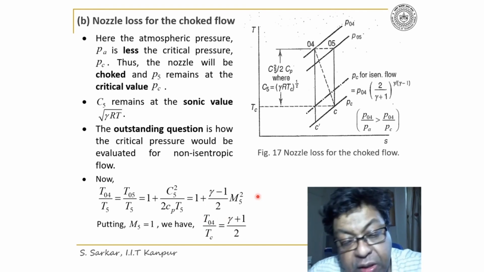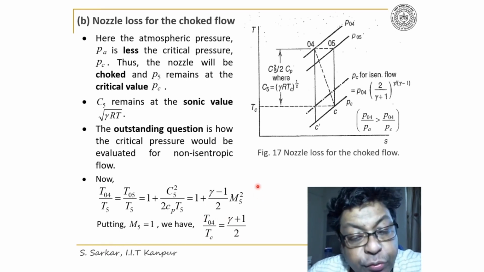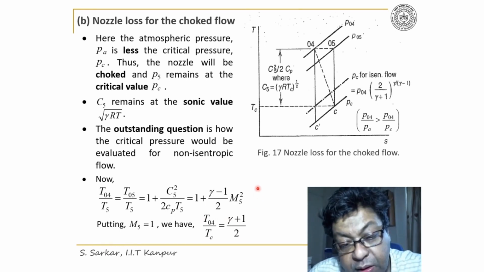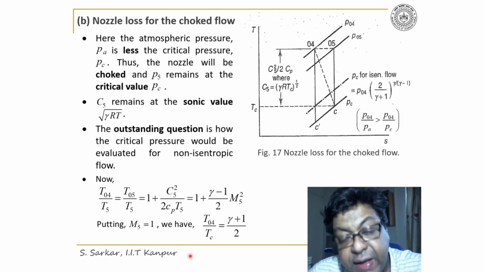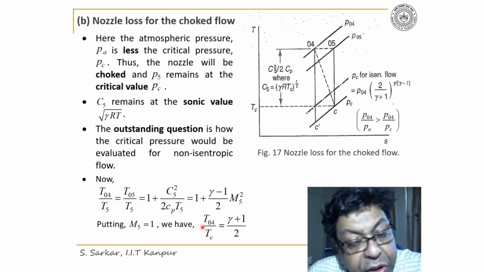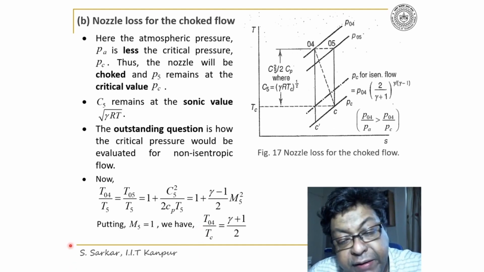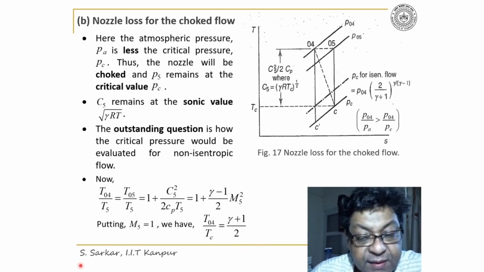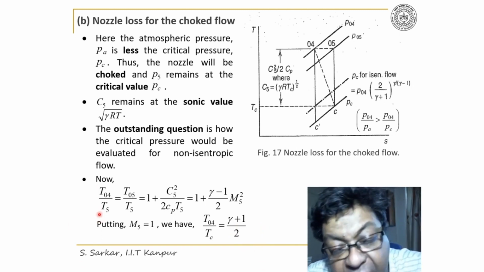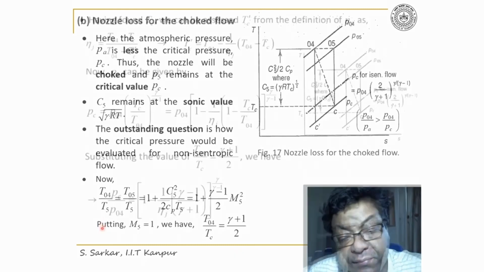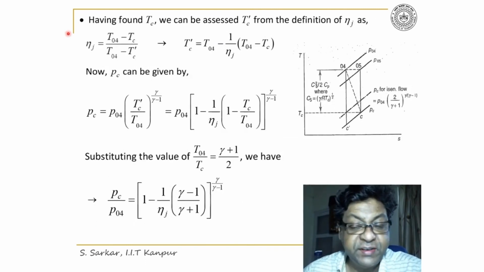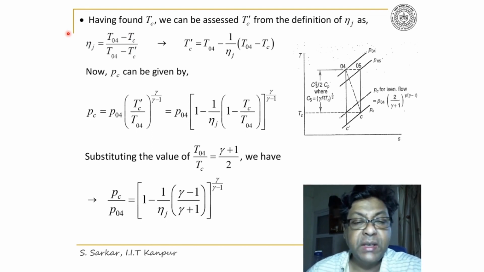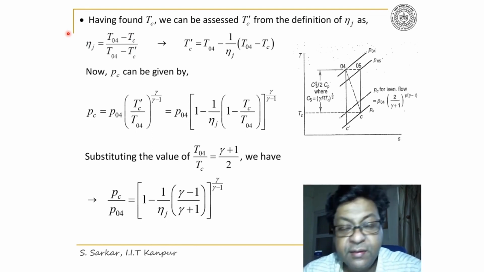Now put M5 is equal to 1. Then I can write T04 by T5 is equal to gamma plus 1 by 2. Look here, T5 is equal to Tc. Having found Tc, the question is how can I evaluate Pc?